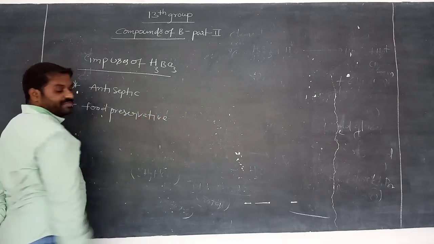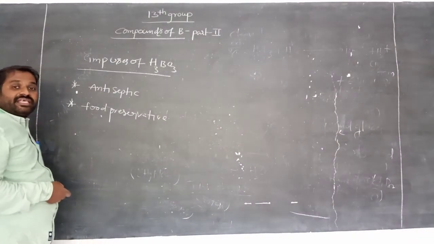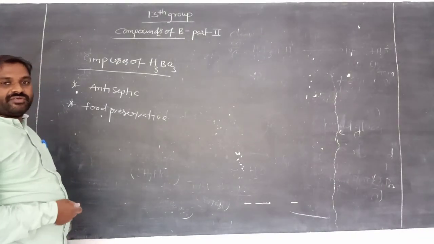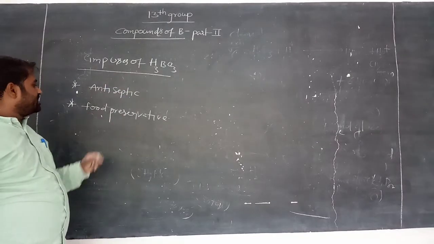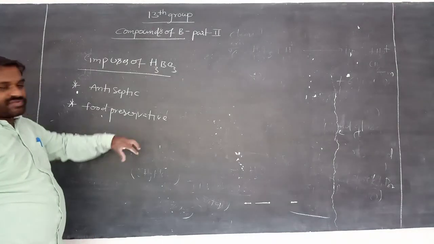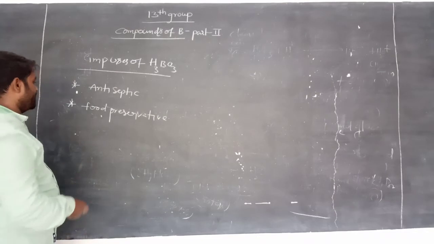Food preservative means preventing the spoiling of food material. We add this orthoboric acid, and it is called a food preservative. By adding this one, we can control the spoiling of food. Okay, remember this one.